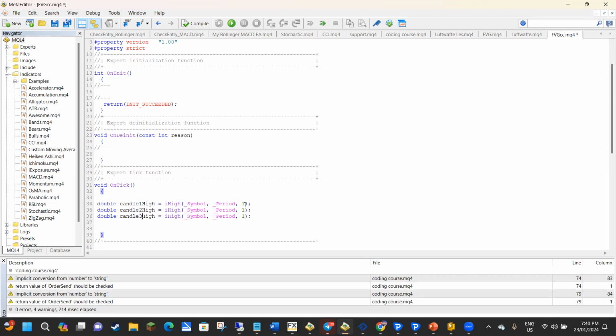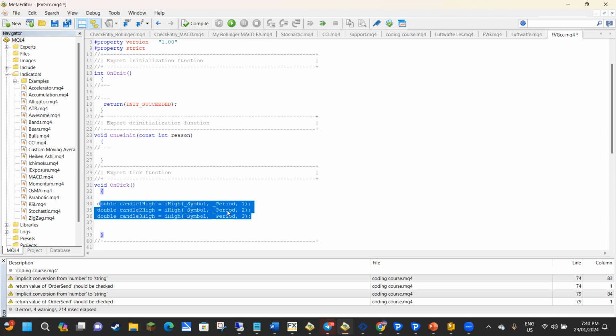So we're going to look at the last candle, the candle before that, and the one before that one. So not the current candle. We're going to look at the one before that, the one before that, and the one before that. So now we know the high value of the last three candles.